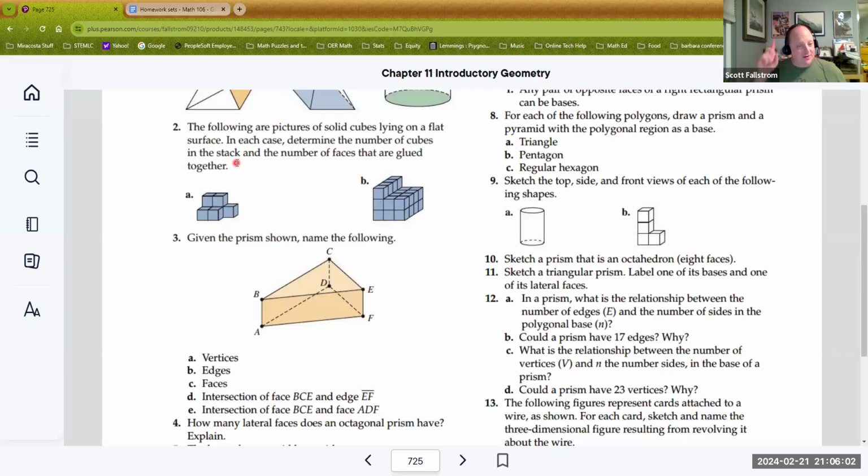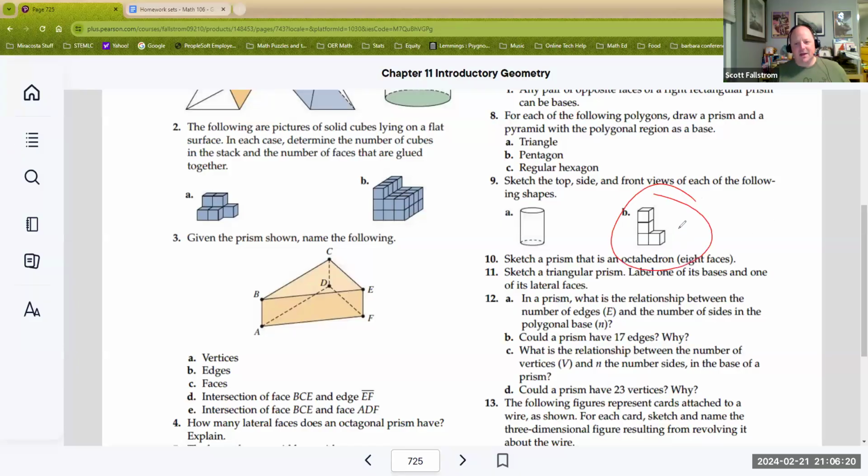And okay, so one thing is we're going to glue the faces together. So your goal is to determine the number of cubes and the number of faces that are glued together. Just as an example, I'll jump over to another question, question 9. What you can do is say, okay, let me take a look here. How many faces are glued together?